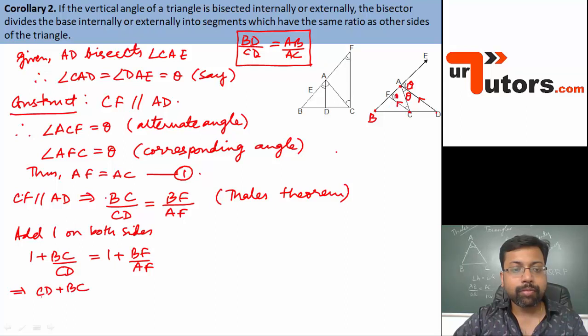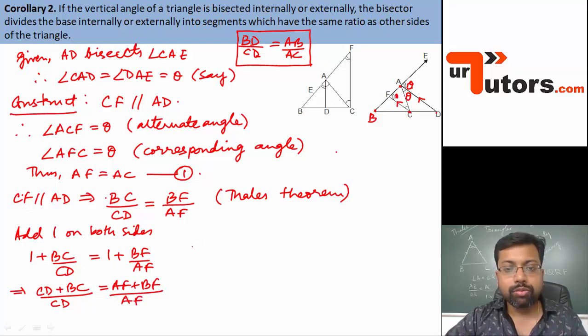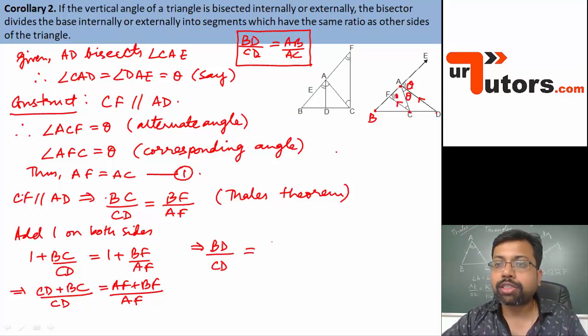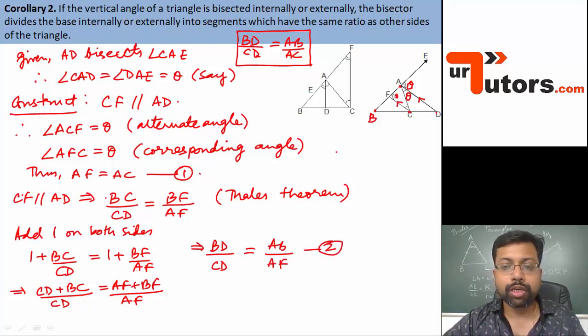CD plus BC by CD is equal to AF plus BF by AF, which implies CD plus BC is what? It's BD. So you have BD by CD. On the right hand side you have AF plus BF, which is AB by AF, which is 2. Okay.